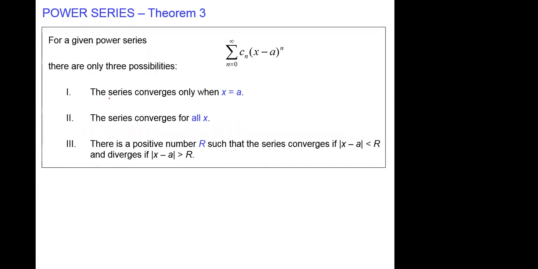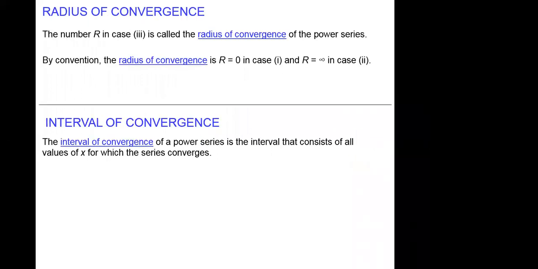We know that the power series is convergent at the center always, or we may have a case that is convergent for all of the values, or we may simply have an interval where the endpoints are finite numbers. Yeah, that's what we did. And we know the terminology: radius of convergence, interval of convergence. You're good with this.